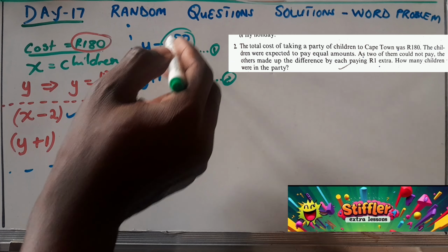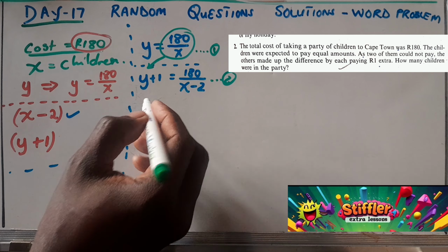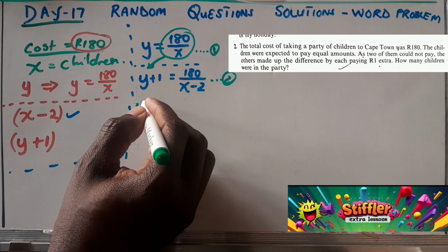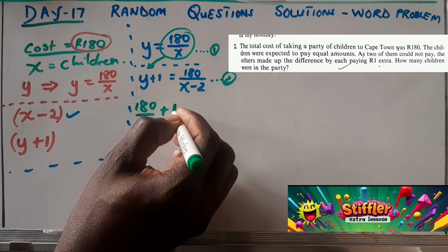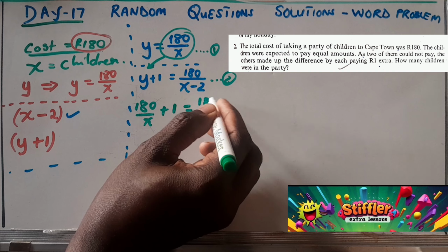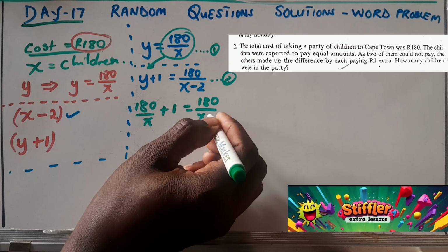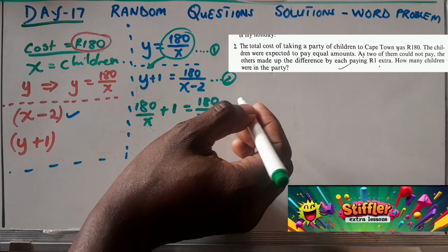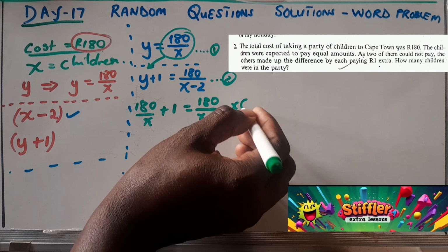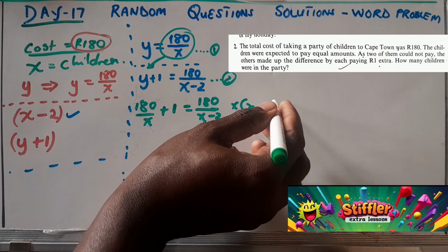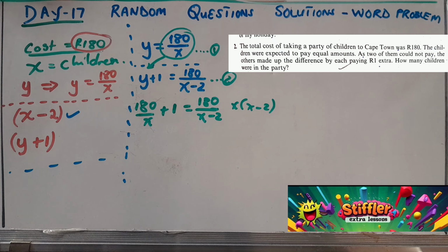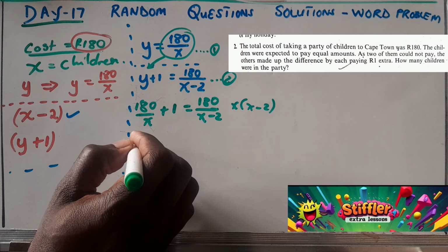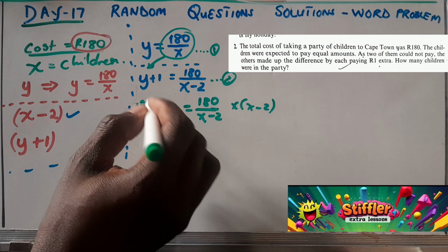Substituting this value of y, it means that 180 over x plus 1 will be equal to 180 over x minus 2. And now we multiply out by x and x minus 2, so x minus 2 is multiplying the whole situation.